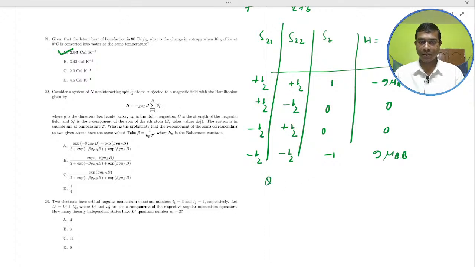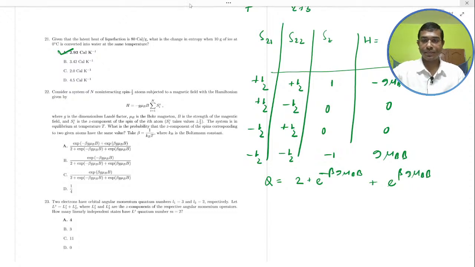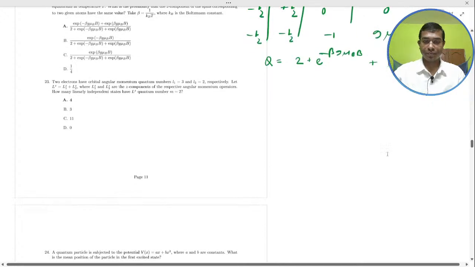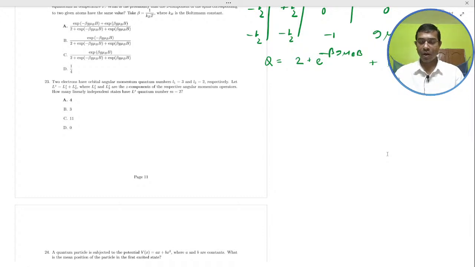So the partition function Q is 2 plus e to the power minus beta g mu B B plus e to the power beta g mu B B. Now there are two arrangement microstates where two atoms have the same spin.